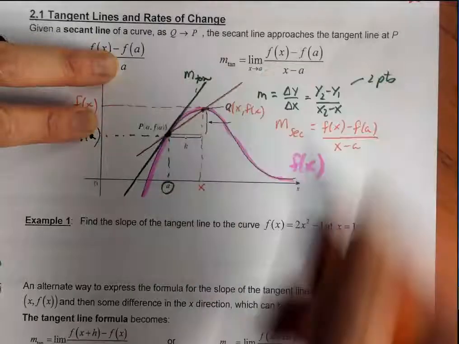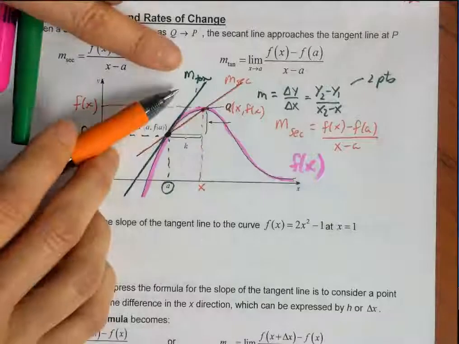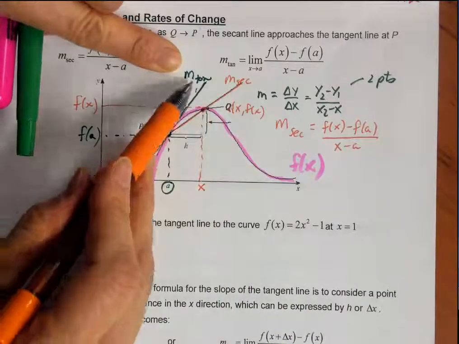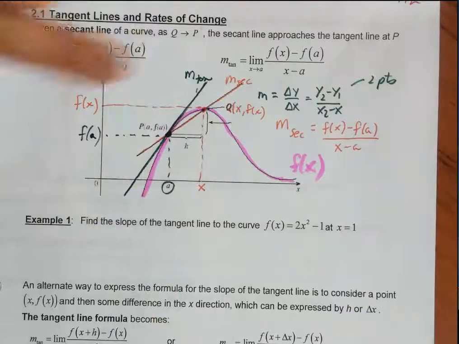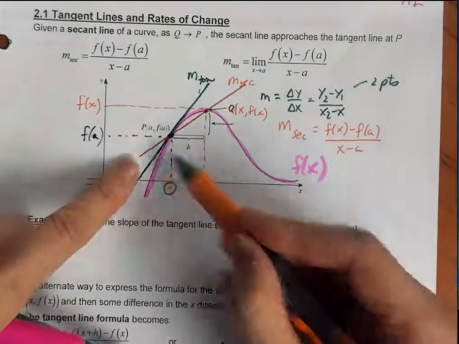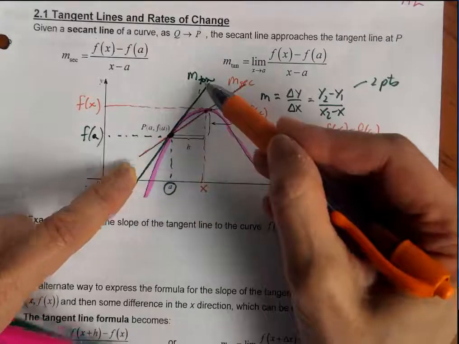But you can see that this slope of the secant line is not the same thing as the slope of the tangent line. You have the slope of the secant line here, and the slope of the tangent line. There's some discrepancy. They're kind of going in the same direction, but it's not quite the same. So what do I have to do in order to make this orange slope similar to this slope right here?